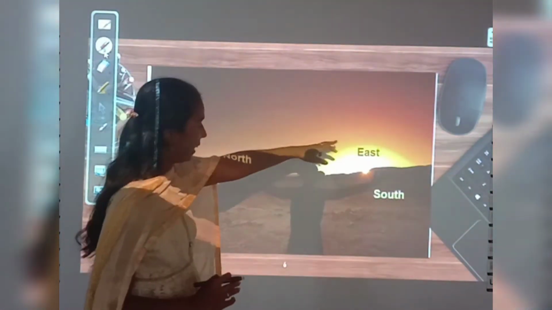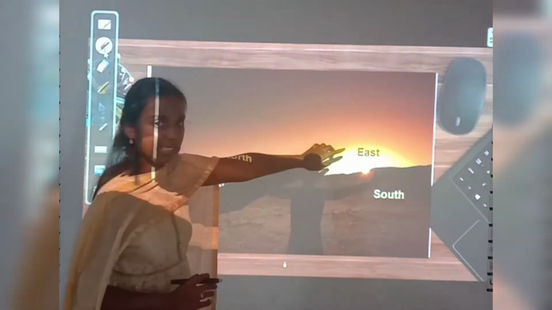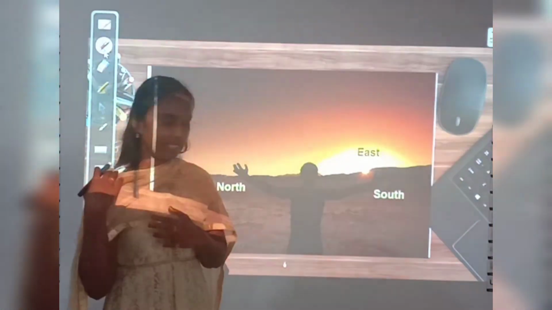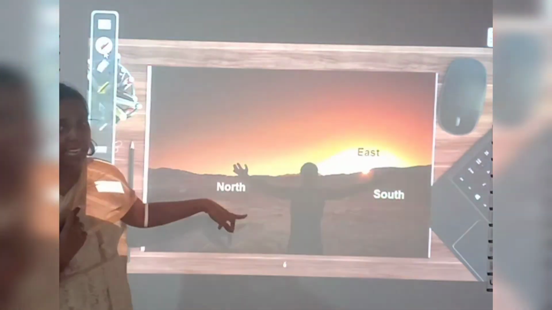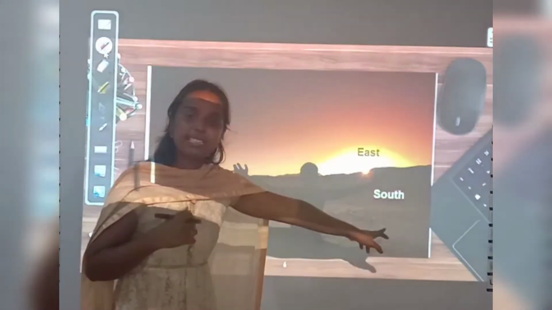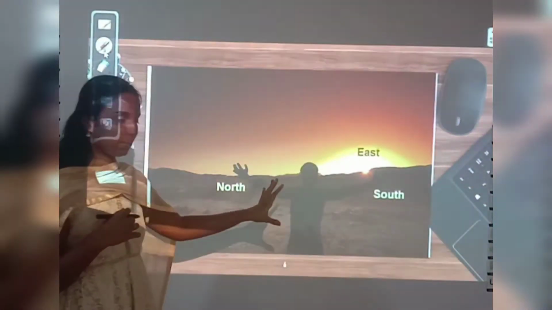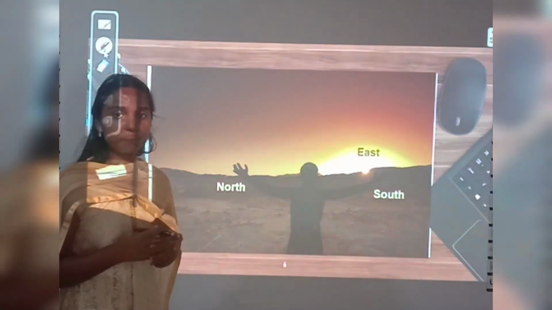It is the east side because he is pointing towards the sunrise. So what is this back side? Automatically it is west. Now see, what is this left hand side? This is his left hand side, this is north, and where does this right hand side point to? It points towards south, right? So with this picture you got a clear idea on how to locate directions, right?